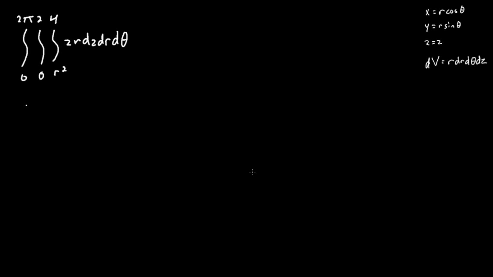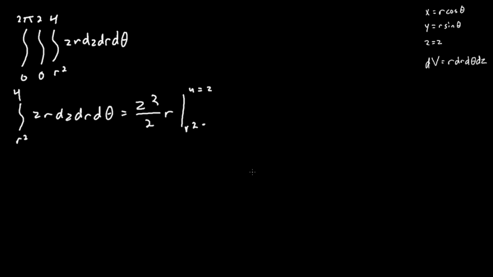Let's solve this. If we integrate our function, this is r squared, z, r with respect to z, dr d theta, you get z to the power of 2 over 2, with r squared and 4 as your z bounds. This is z, not a 2.